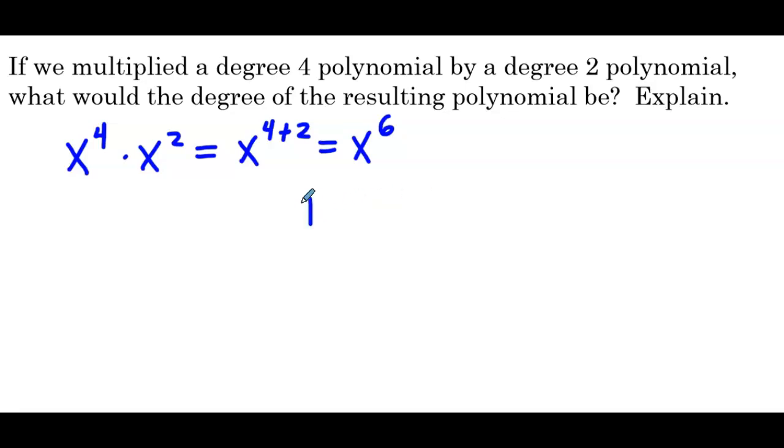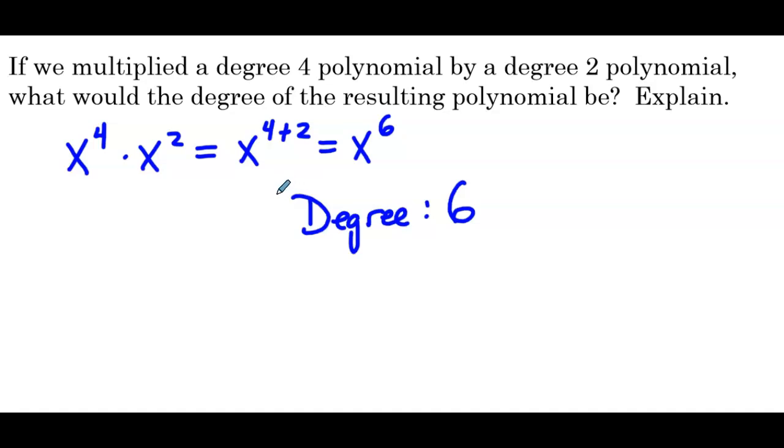So the degree of the product would be a degree 6. Now, even if we created more complex polynomials, like a trinomial times a binomial with these 2 degrees, convince yourself that we're still going to get degree 6 because all the other terms are going to have lesser degrees. We still have more multiplication to do, but that's not going to affect the degree of the polynomial.